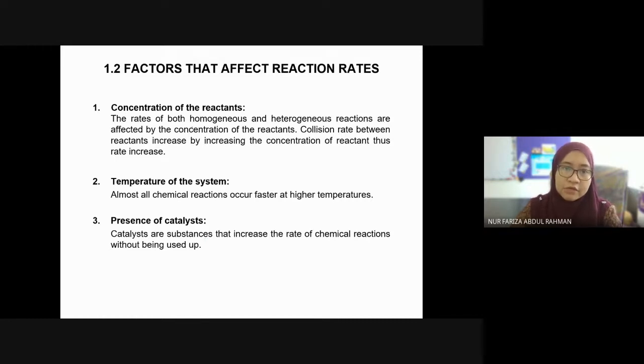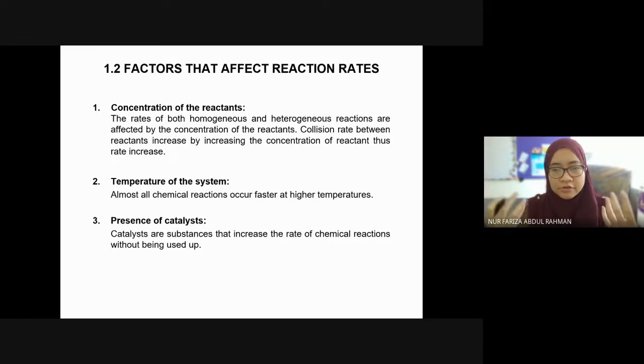The first one is the concentration of the reactant. The rate of both homogeneous and heterogeneous reactions is affected by the concentration of the reactant. Why? Because it affects collision. For a reaction to take place, the reactants need to collide among themselves so that bonds can be broken and new bonds can be formed.